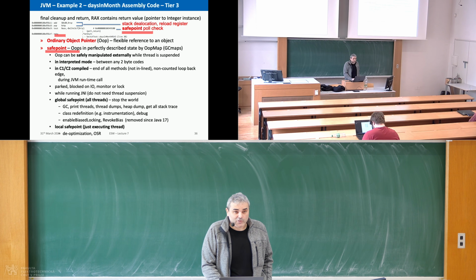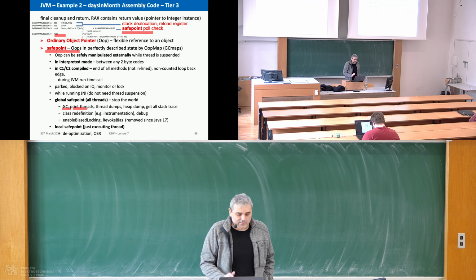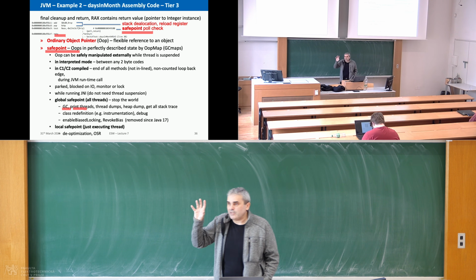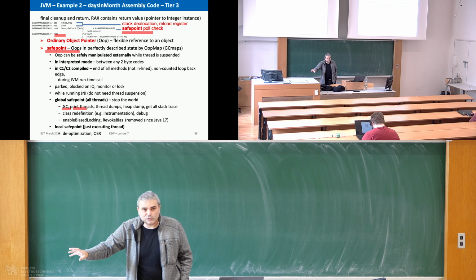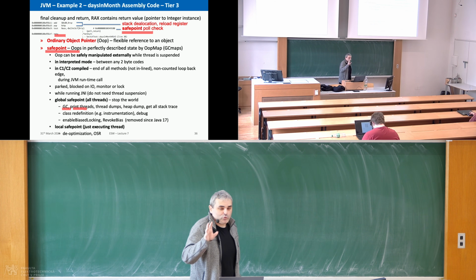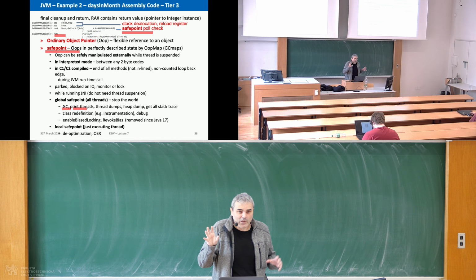For some global manipulation like garbage collection, print thread dumps, do heap dumps, do debugging or whatever. In that moment, every OOP, which could be in some register in the CPU, for example, has to be in a really well-described form, and the virtual machine needs to know where those pointers are.